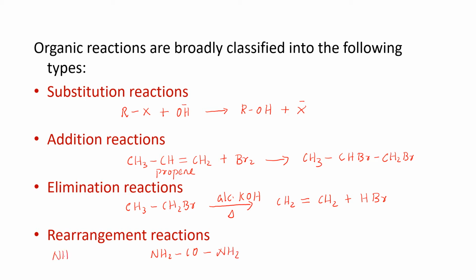So when NH4CNO is heated, that rearranges to form urea. Ammonium cyanate on heating, urea is formed.